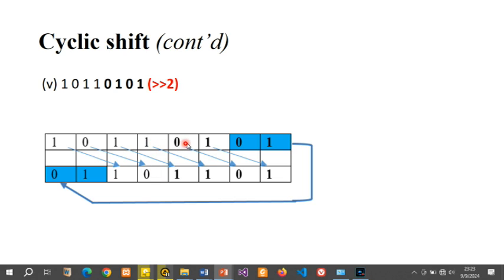Now I will do the same for the rest, and let me move this one 2 times, it lands here. When I have the 0, I will move it 2 times as well. 1 time, 2 times. Now in this case it doesn't have a rightmost slot to be stored, but then I perform a cycle and it lands on the very first spot and becomes the most significant bit.